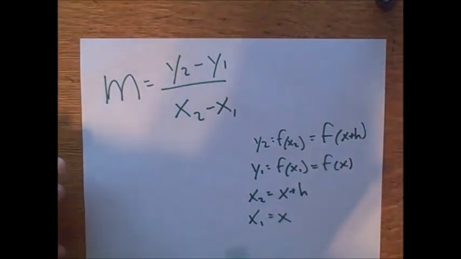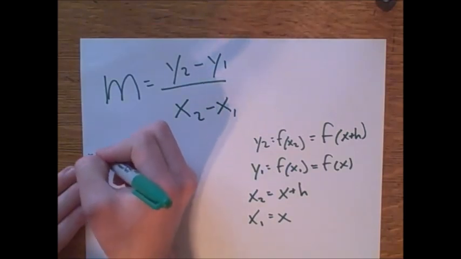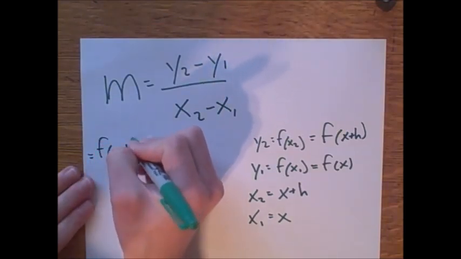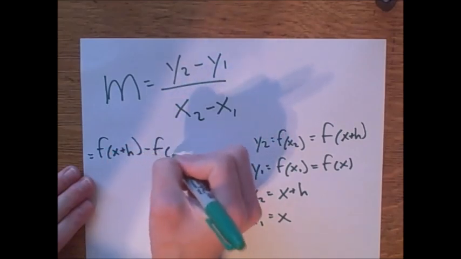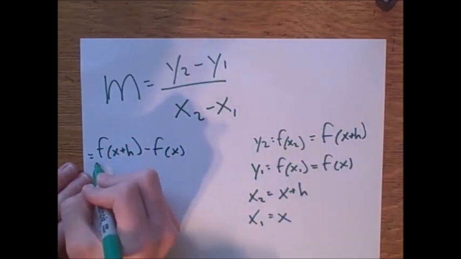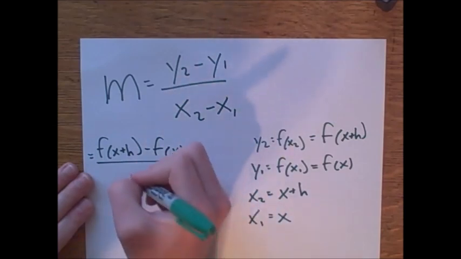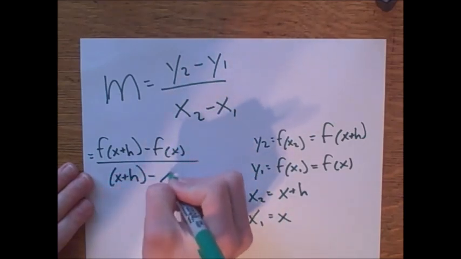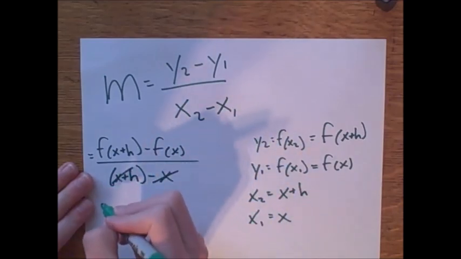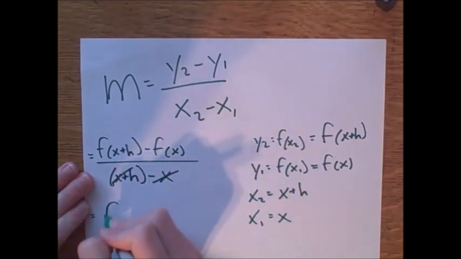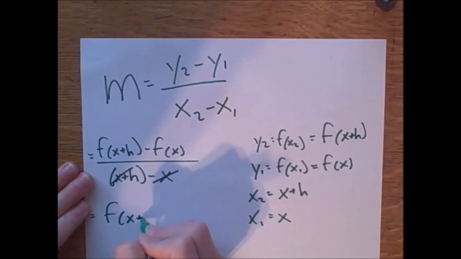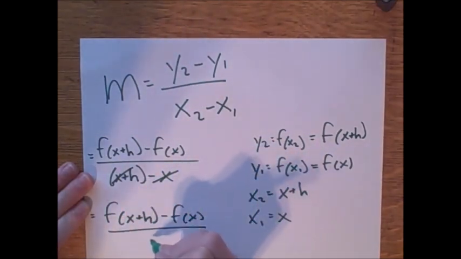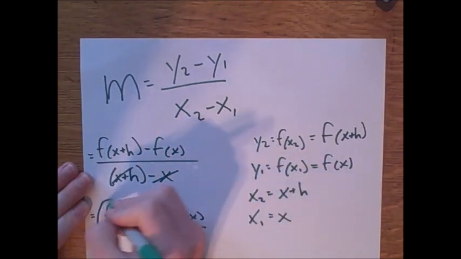So what the slope function is going to be changed to is we'll just write it as f of x plus h minus f of x, all over x plus h minus x, and these x's cancel out, so that just equals f of x plus h minus f of x all over h.